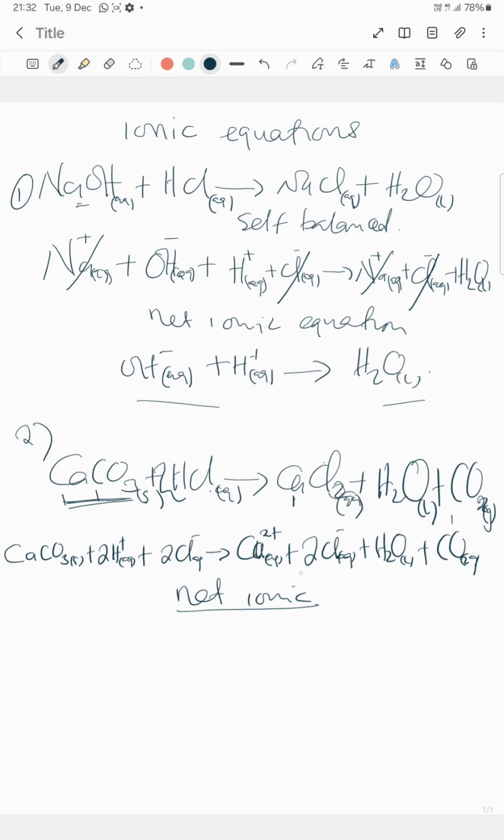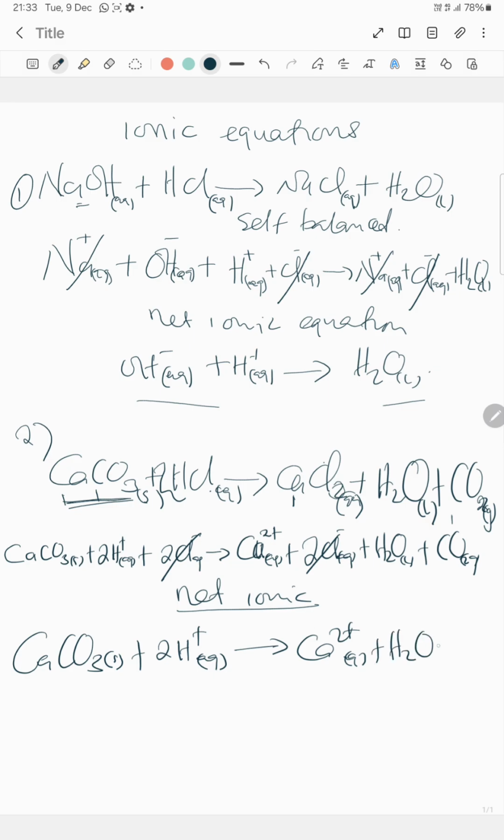So our final answer will be CaCO3 solid plus 2H plus aqueous, then Ca2 plus aqueous plus H2O plus CO2 gas. So that's what we are saying.